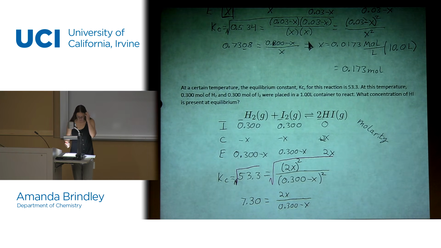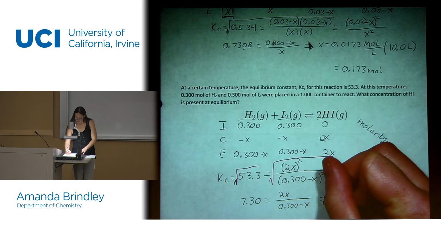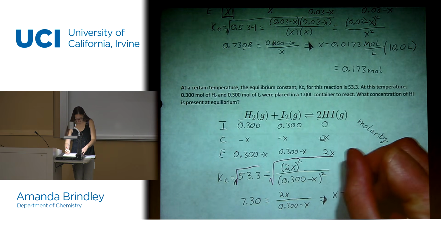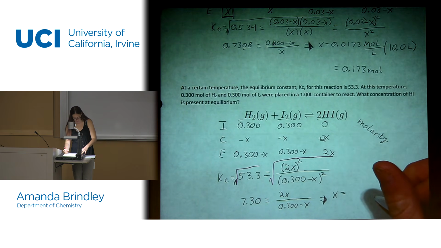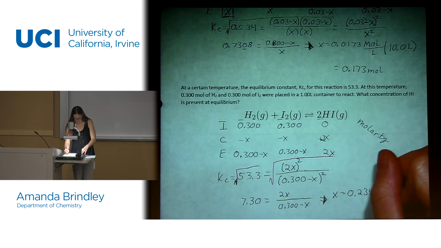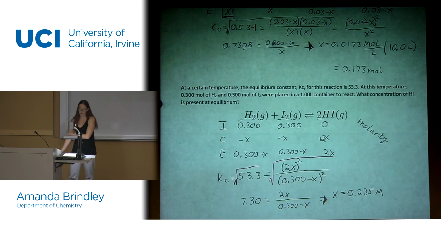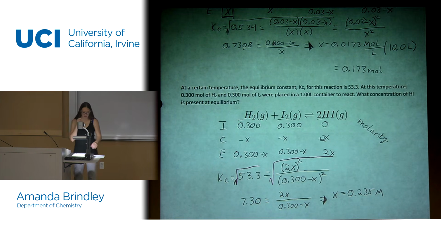So pick your favorite way of doing algebra rearrangement. And if you're having problems with that, just come talk to me and I'll help you out. We have our 0.235 molar. Everything we did was 3 sig figs, so it's 3 sig figs.